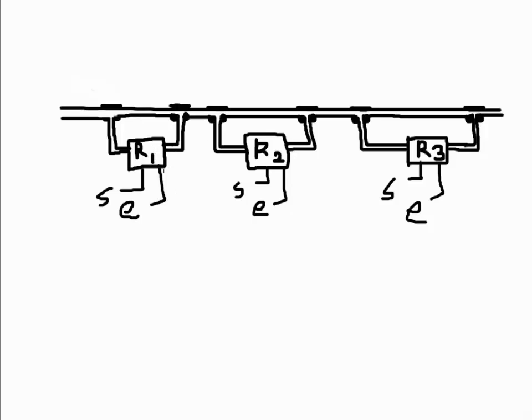Suppose we want to copy data from R1 to R3. So we want to copy the data of R1 to R3. First, you have to turn on the E, the enabler, of R1.